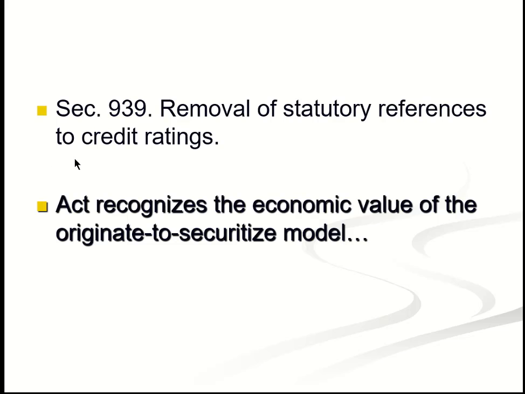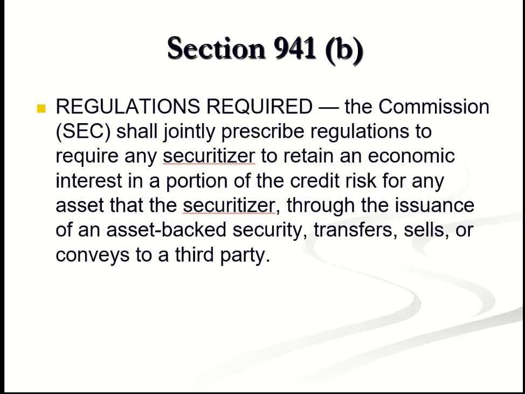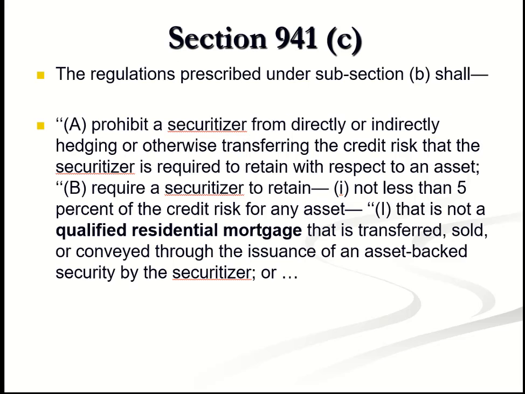So what does Dodd-Frank have to say about it? Well, let's look at Section 941. 941 says the Commission, the SEC, shall jointly prescribe regulations to require any securitizer, basically a bundler, to retain an economic interest in a portion of the credit risk for any asset that the securitizer, through the issuance of an asset-backed security, transfers, sells, or conveys to a third party.